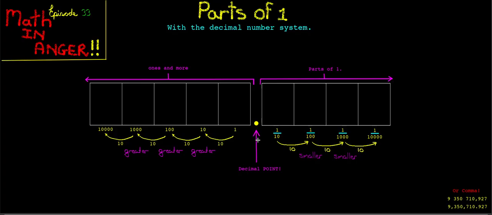I will now introduce the concept of the decimal point. Right? On the right-hand side of the decimal point, we use the decimal system exactly as I taught you in episode 3. This is where our ones, our tens, our hundreds, our thousands, our 10,000s, and so forth get written.